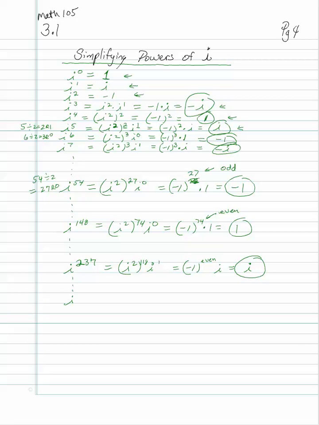Now say i to the 323. 323 divided by 2 is 161.5, so it's 161 remainder 1, which is going to be negative 1 to an odd power times i, which is negative i.